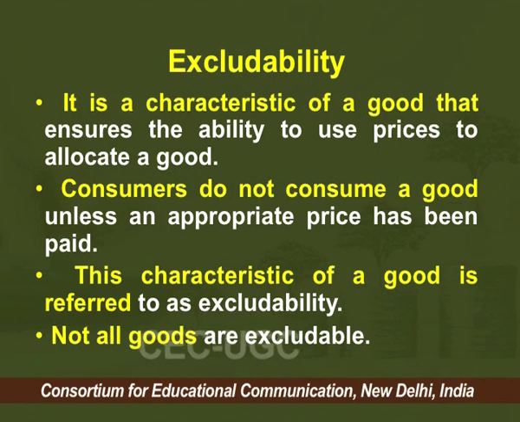Not all goods are excludable. There are certain examples of good as well as bad which have excludability and which do not. Some of them are excludable and some of them are not. Now, there are certain examples of good such as a fishery. A fishery is considered as a good, as a positive entity to consume.